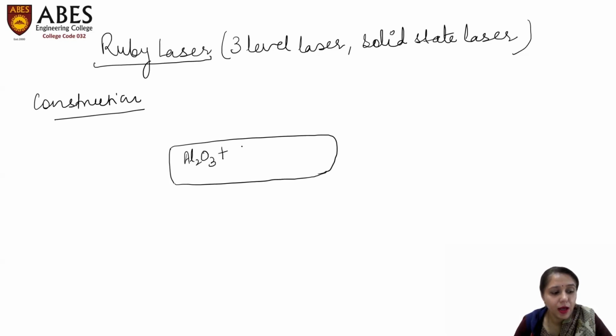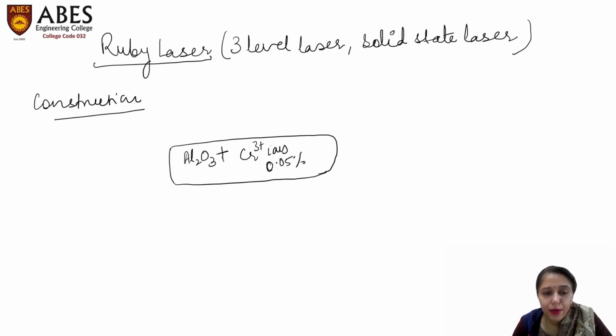How much percentage of chromium ions? It can be 0.05% of chromium ions. We can write it as Cr3+ ions. Some amount of chromium ions are doped in this, 0.05%.